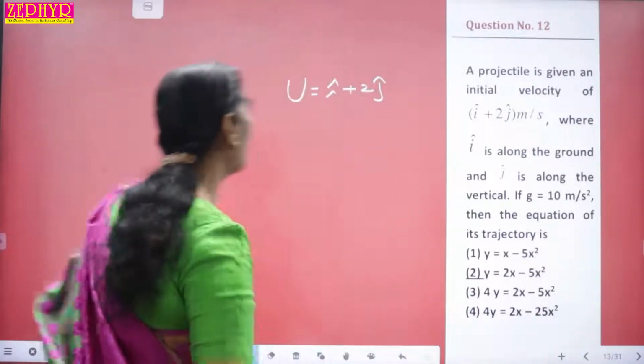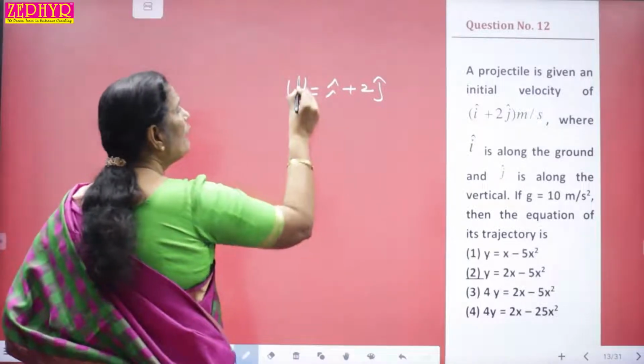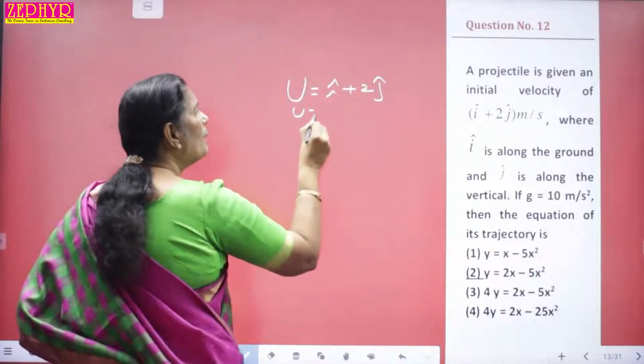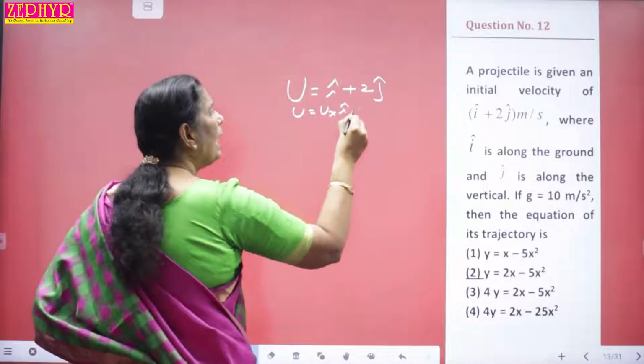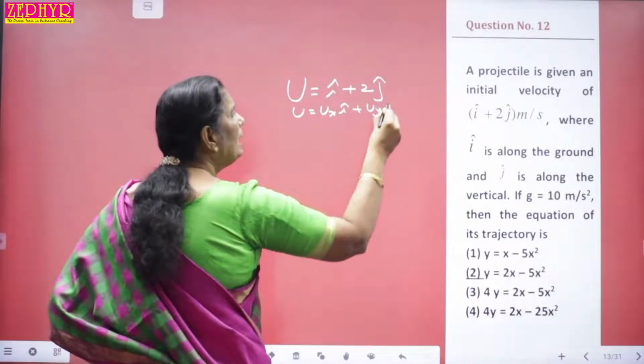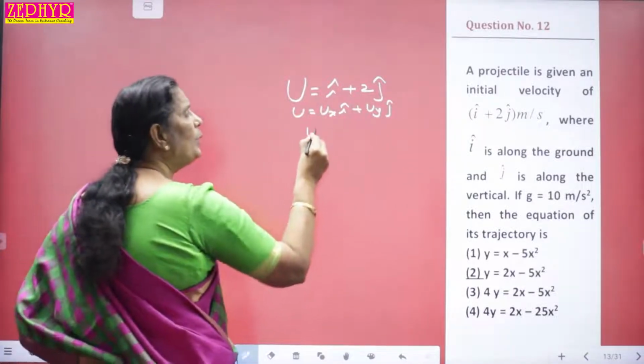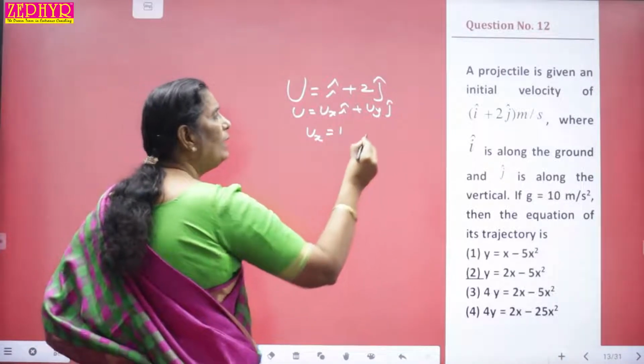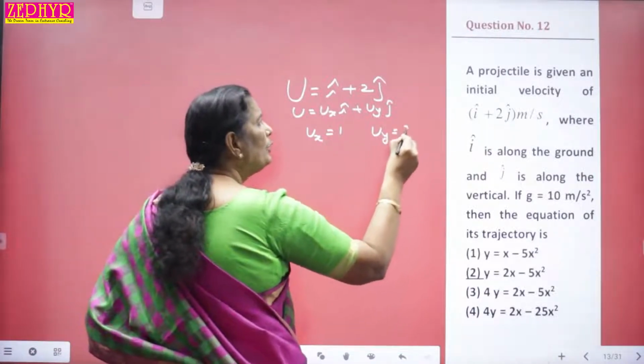That is what is needed. How can we do it? Comparing with ux i cap plus uy j cap, ux can be taken as 1, uy can be taken as 2.